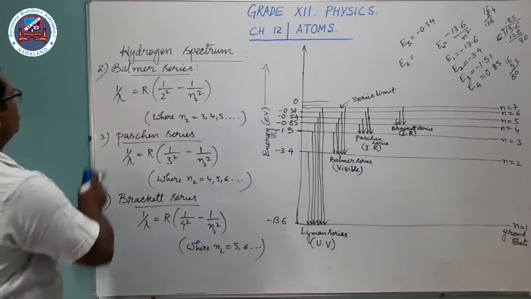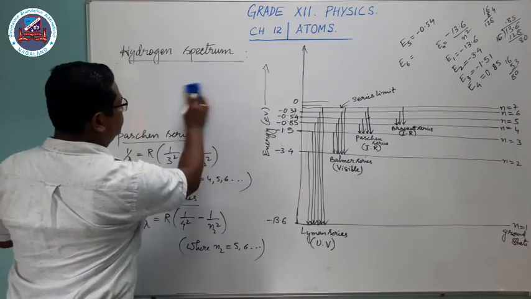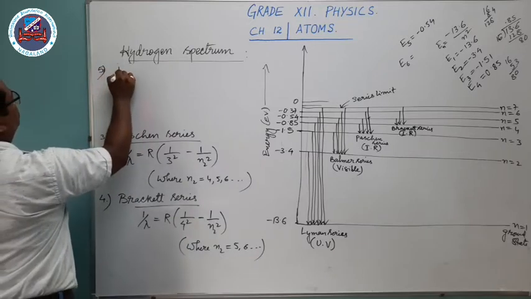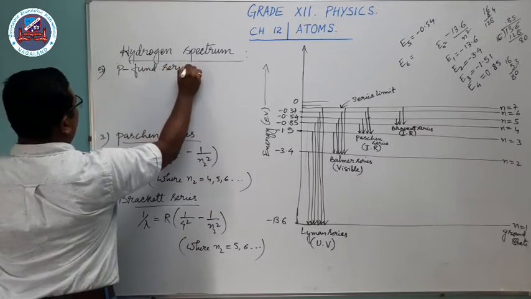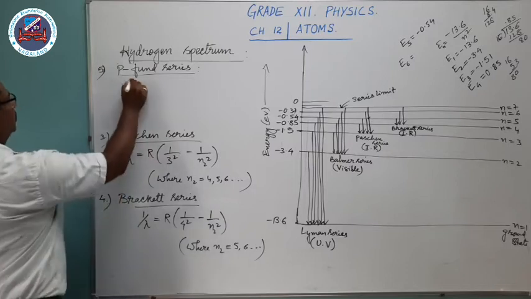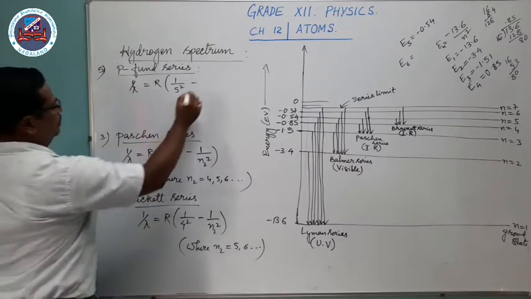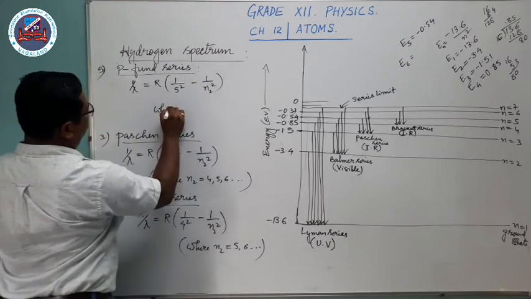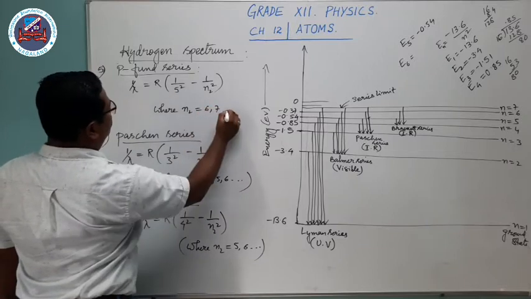Then the last one is your Pfund series. This is also visible in the infrared region of the spectrum. The formula is 1 by 5 square minus 1 by n2 square, where n2 will take values 6, 7 and so on.